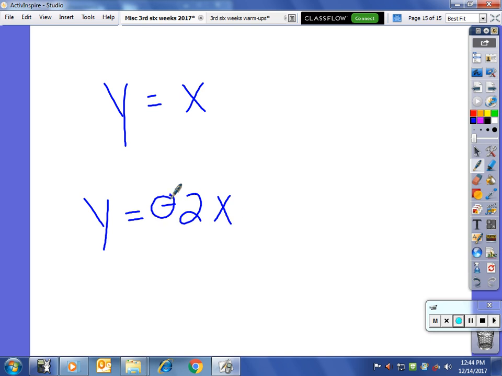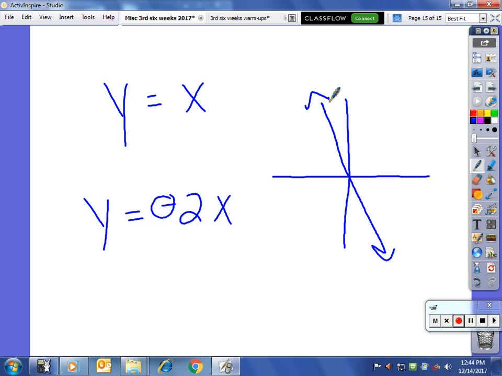Is it steep or flat? It's on the steep side. What's the y-intercept? It's still 0. I didn't change the y-intercept. I changed the direction and the steepness. So it'll be steeper than y equals x, and it'll also be going down. What if I had y equals negative 2x plus 3?